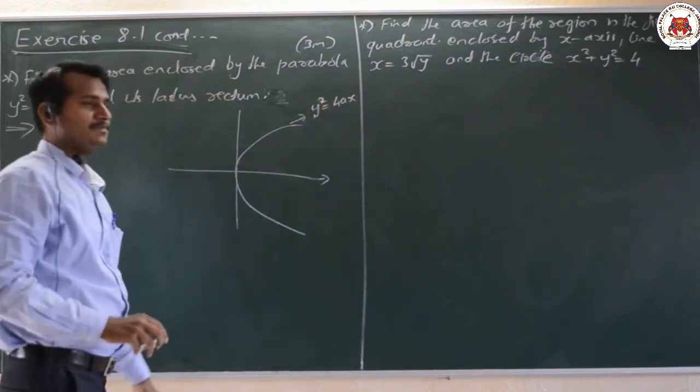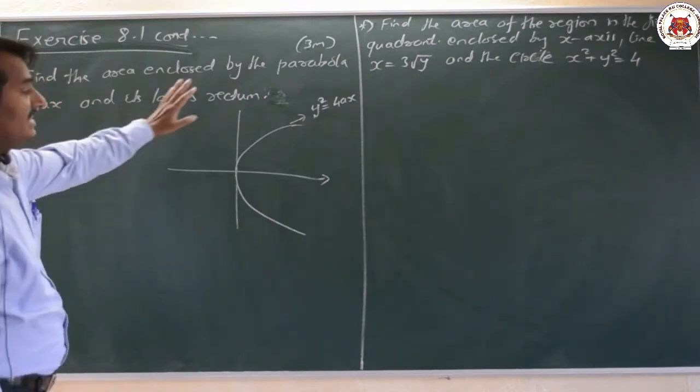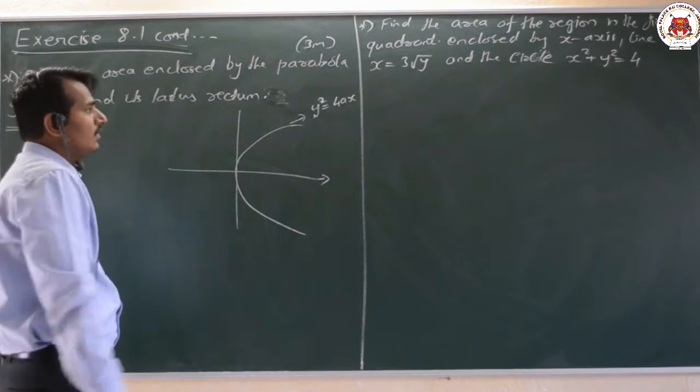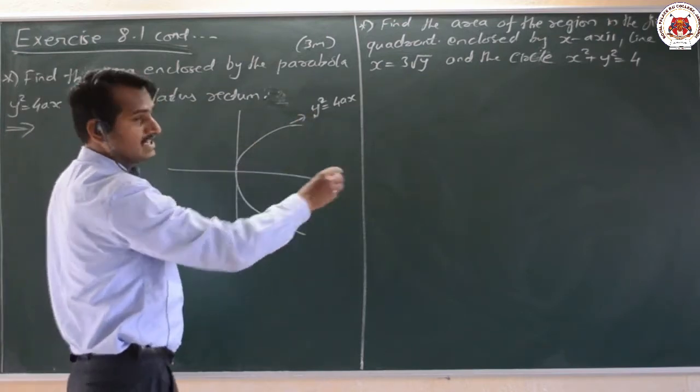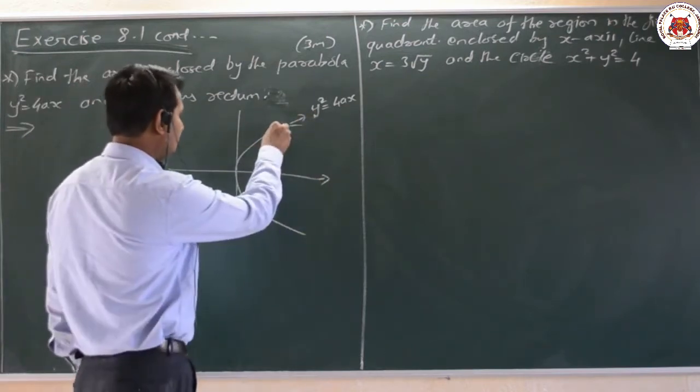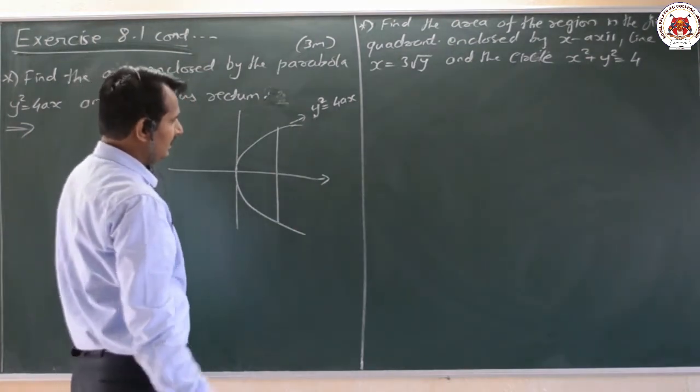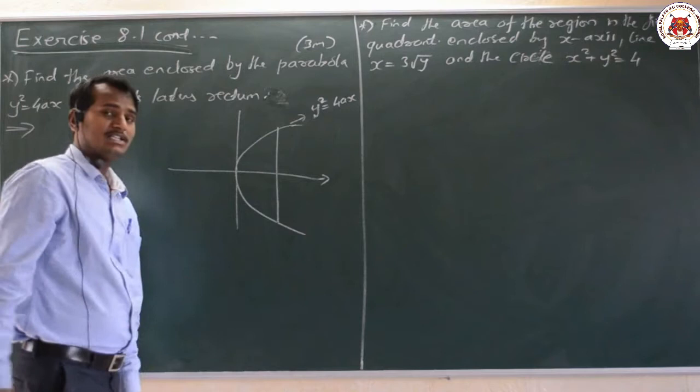Now here we can observe the latus rectum. The parabola y square equal to 4x is inclined toward the positive x-axis, and this line is our latus rectum. What is the length of the latus rectum?